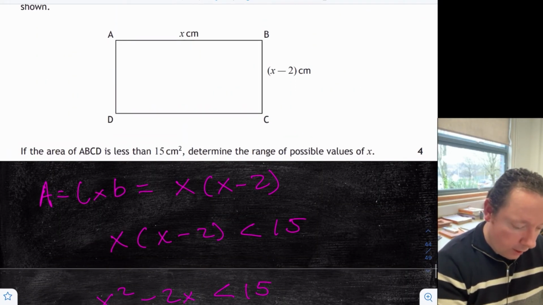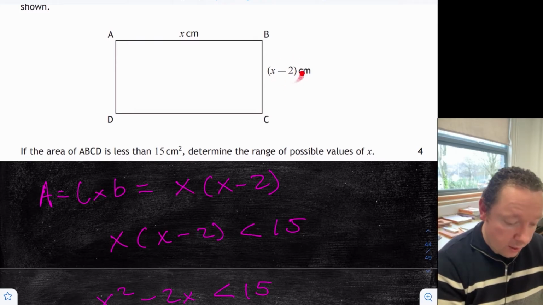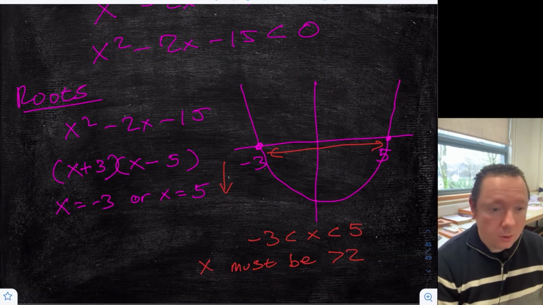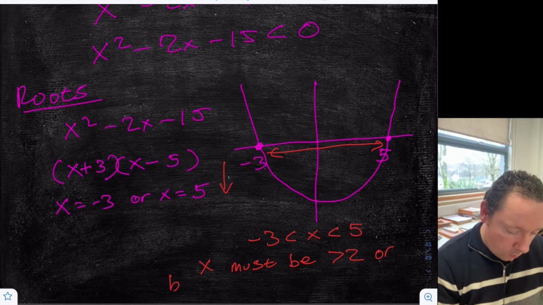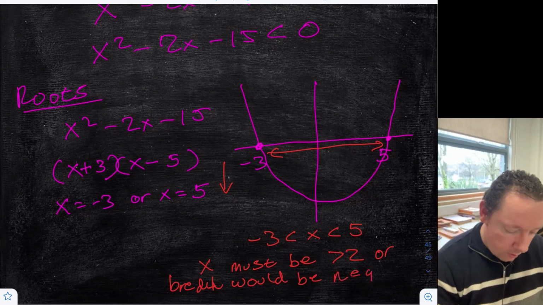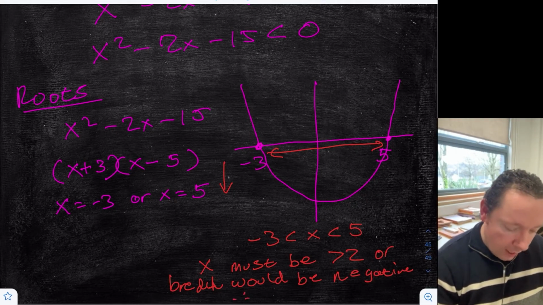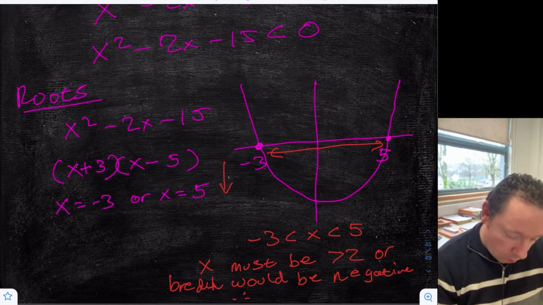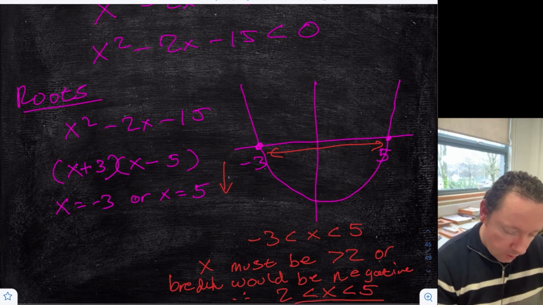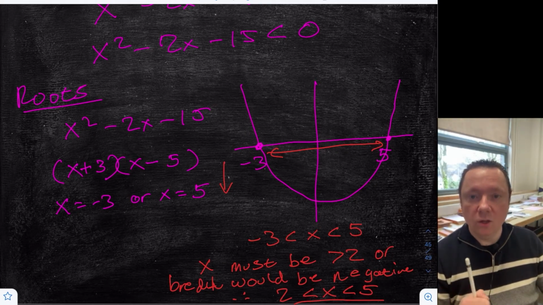Let's have a look. We've got x minus 2 is our smallest, so x has to be bigger than 2, or the breadth would be negative. And therefore, our actual answer is 2 is less than x is less than 5. Need to be very careful with ones where it's in context.